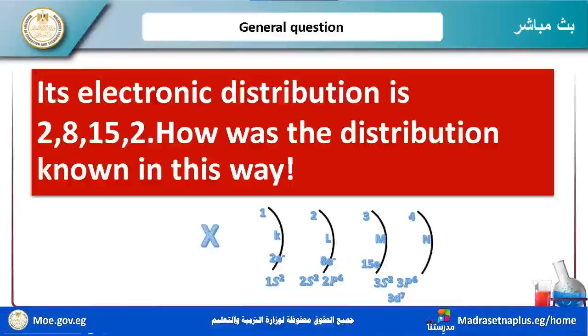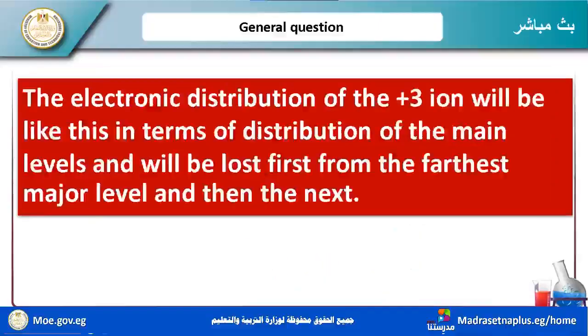Okay, now you can calculate the oxidation number easily. Now we have the electronic distribution of the positive 3 ion in terms of the main levels, and electrons will be lost first from the farthest main level and then the next.